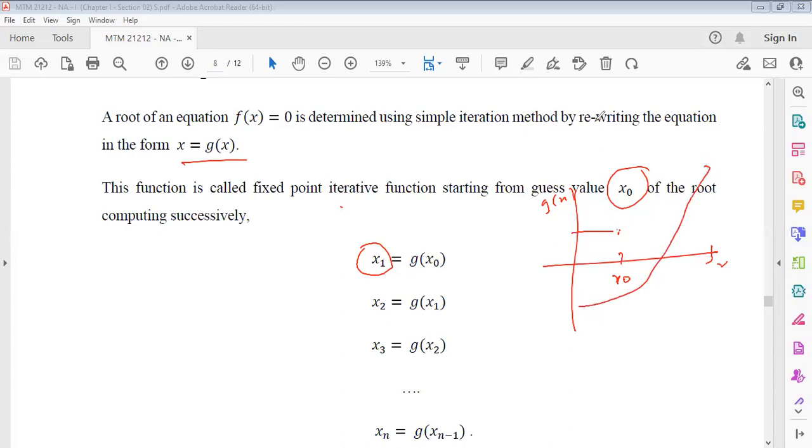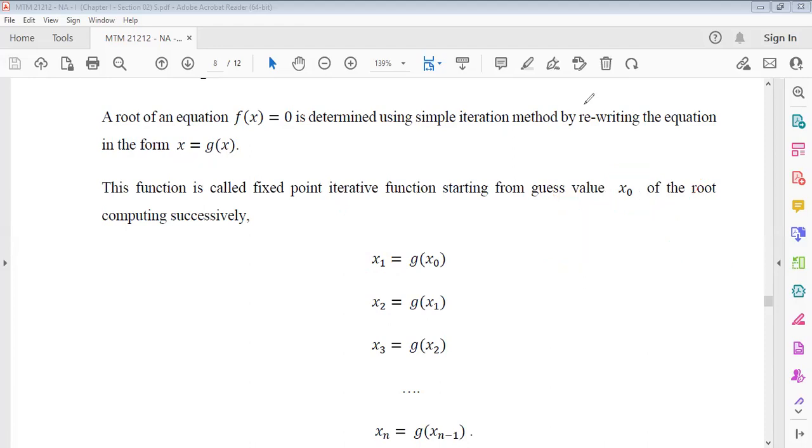For example, there is one nice pictorial view. I'll try again. Let's say this is my function. At x naught, I have this g(x naught).